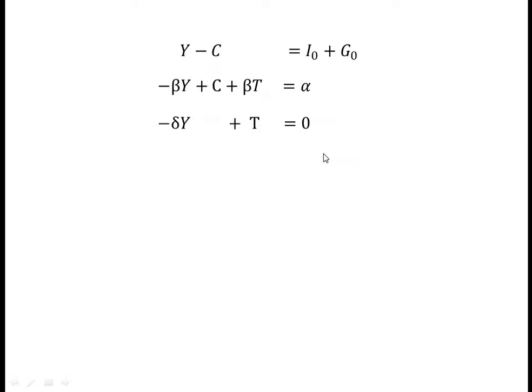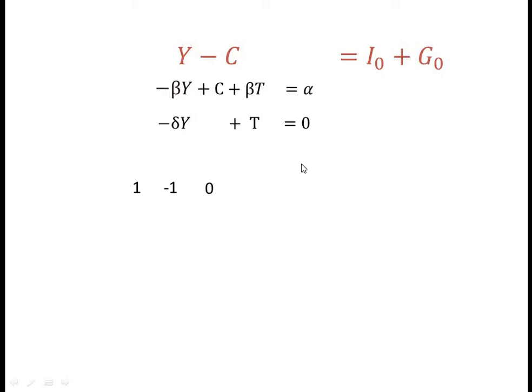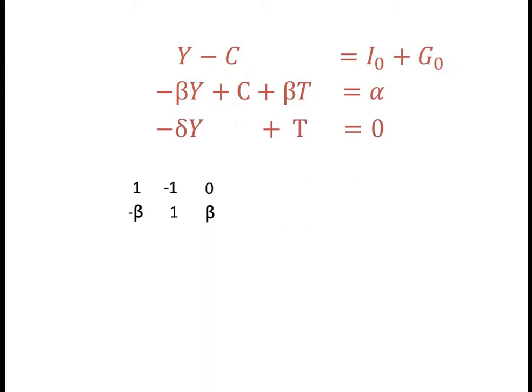In the first equation, the coefficient of Y is 1, the coefficient of C is minus 1, and the coefficient of T is 0 because there is no T. In the second equation, the coefficient of Y is minus beta, the coefficient of C is 1 and the coefficient of T is beta. In the third equation, the coefficient of Y is minus delta, the coefficient of C is 0 and the coefficient of T is 1.